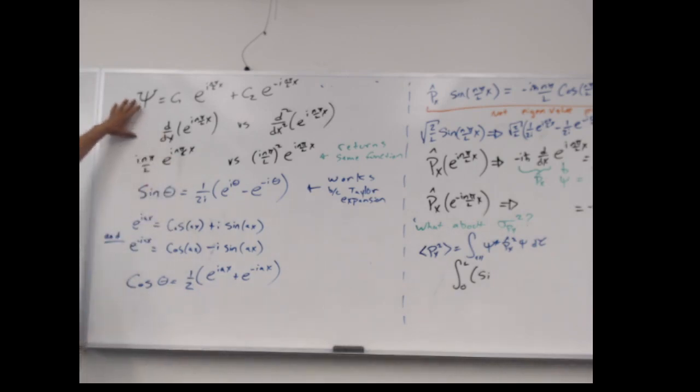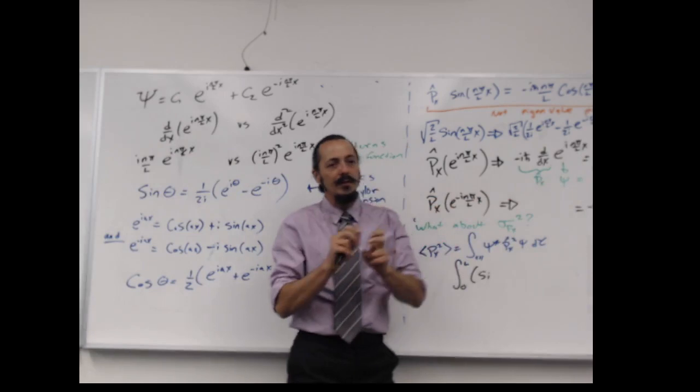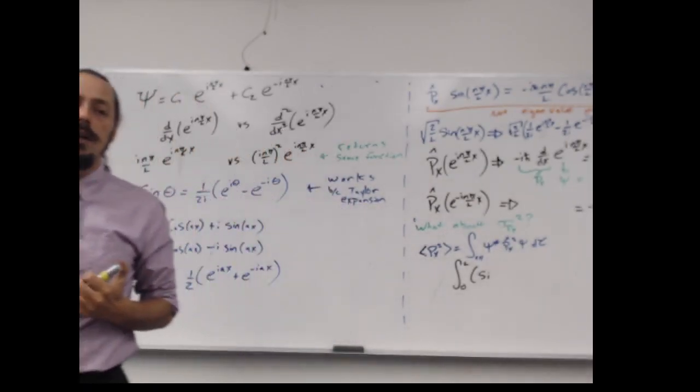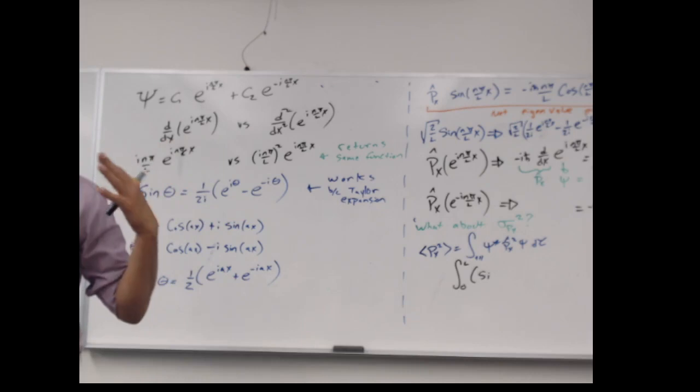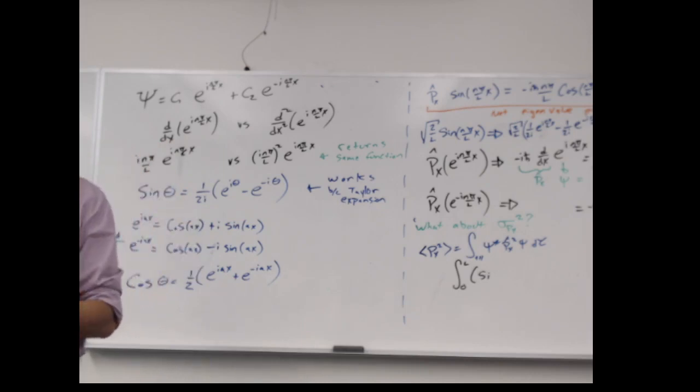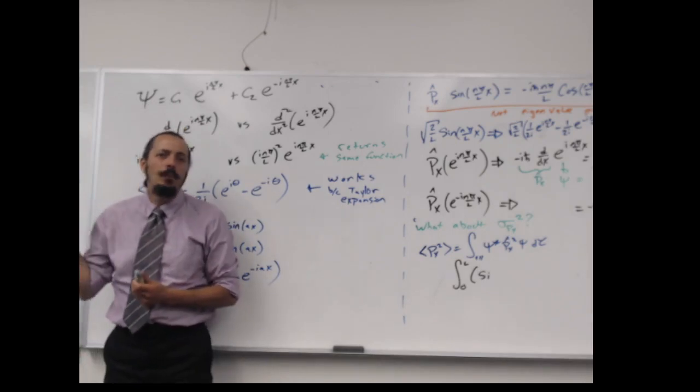So the whole reason I switched was to show two important things. One, the idea that we could change which functions we're using. In the future, we'll call that changing our basis set to make the math easier, depending on what properties we're looking at. For looking at energy, changing that doesn't help us at all.